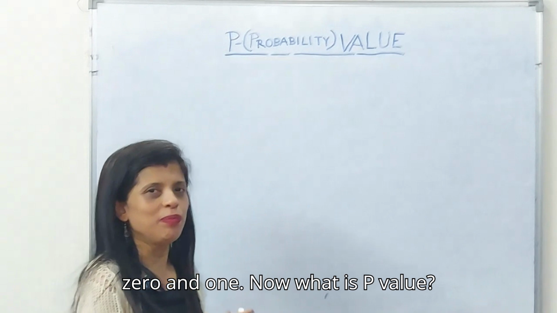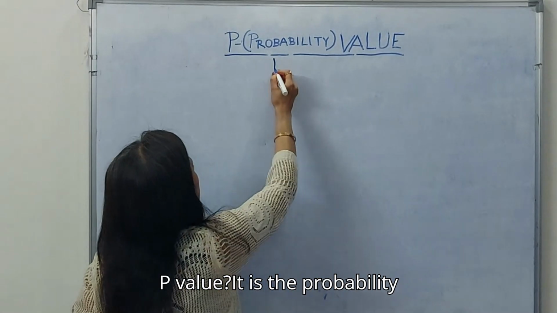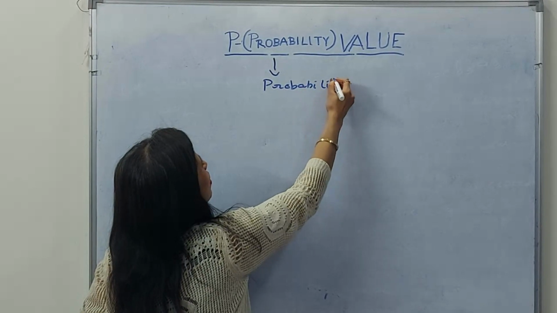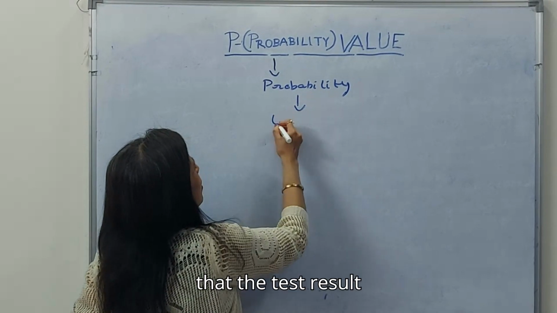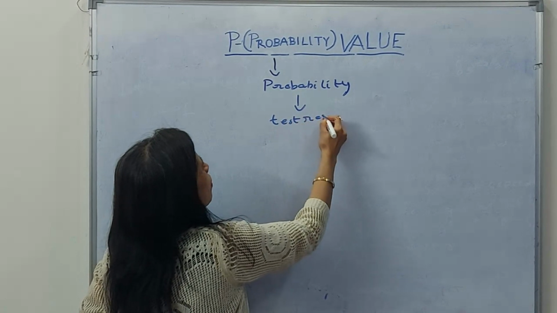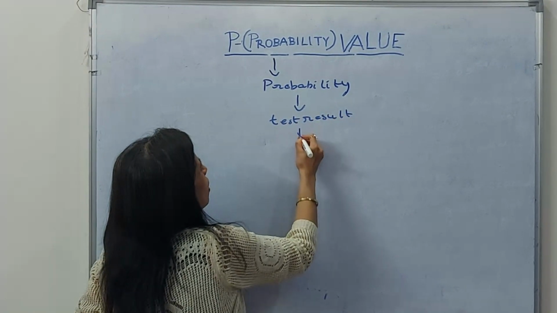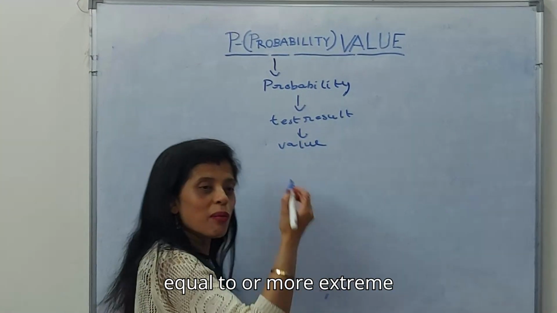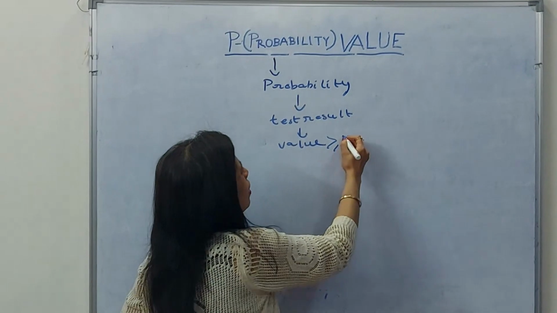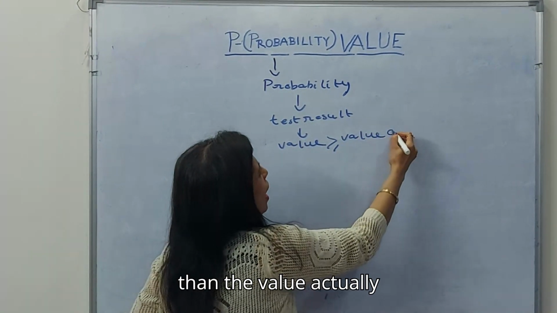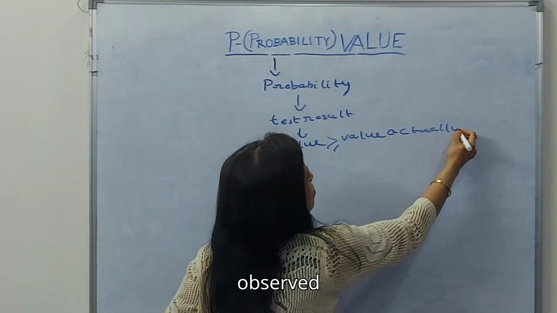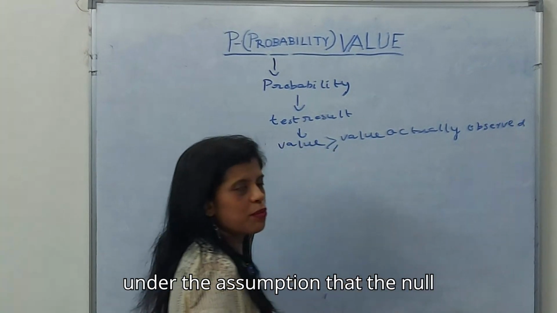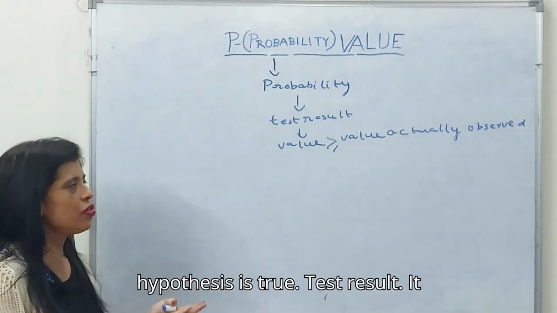Now what is p-value? P-value is the probability that the test result takes a value equal to or more extreme than the value actually observed, under the assumption that the null hypothesis is true.